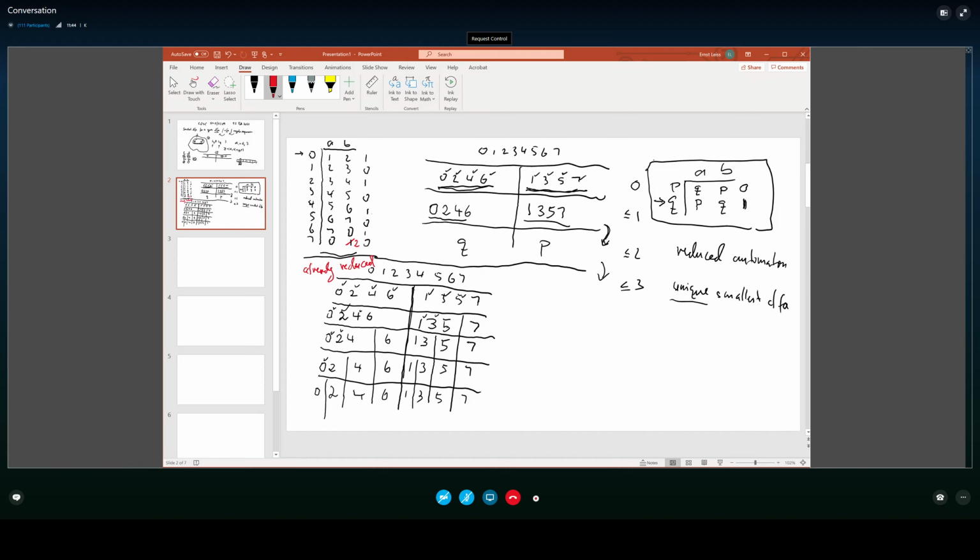So that automaton, the second one, the one where I changed the result of the state 7 under B to 2, that now is a DFA that is already reduced, so it is the unique smallest DFA for the language accepted by that deterministic finite automaton.